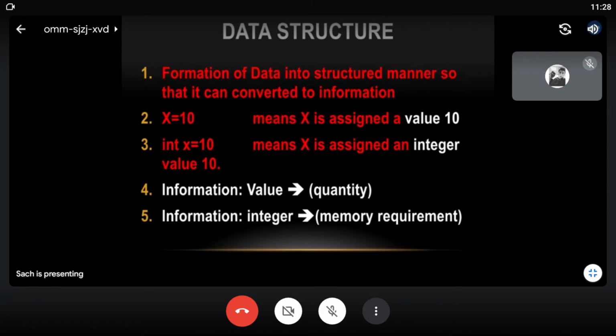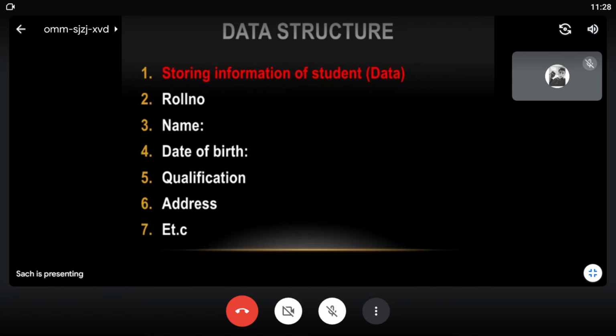Let us see some good examples. Now we are preparing a user-defined data type. The user or the object over here is a student. So we are storing information of a student.